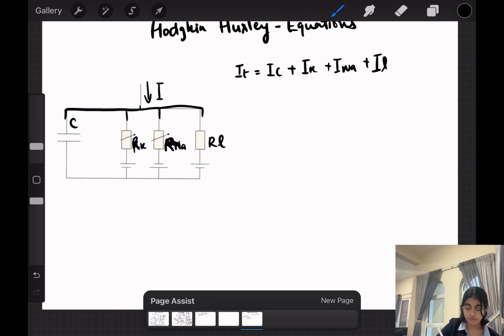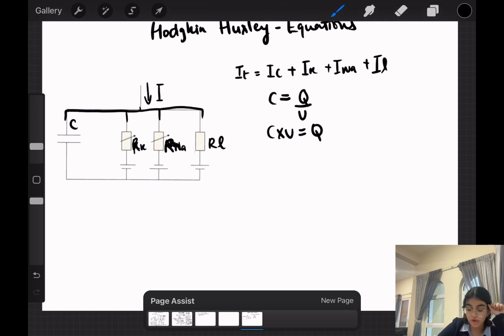I have derived it already, that capacitance equals charge divided by voltage, and C times U equals charge. If we find the derivatives of voltage and charge, we will get C times dU by dt, which equals dQ by dt, which equals the current, as charge over time equals current.